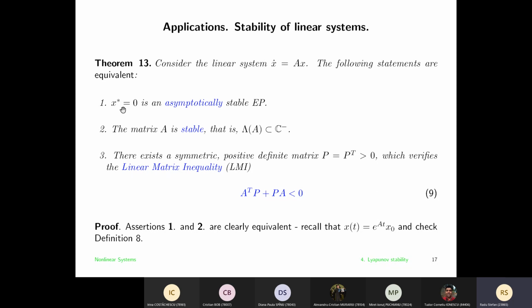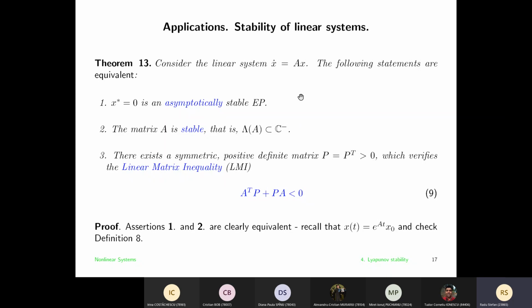The origin is an asymptotically stable equilibrium point. The matrix is stable, which was stability in this sense. X of t goes to 0 when t goes to infinity. This was something that we did for linear systems.